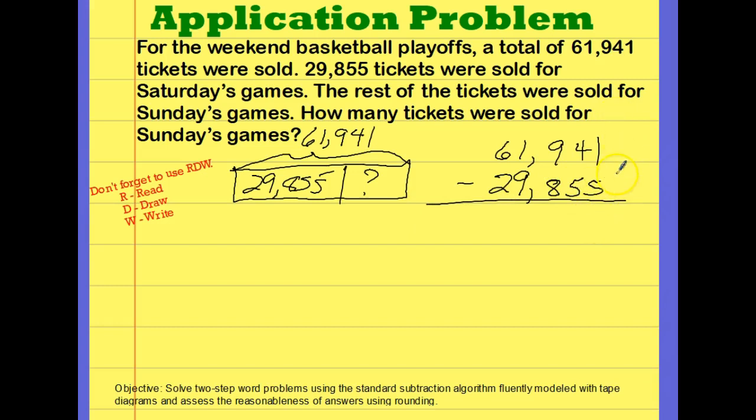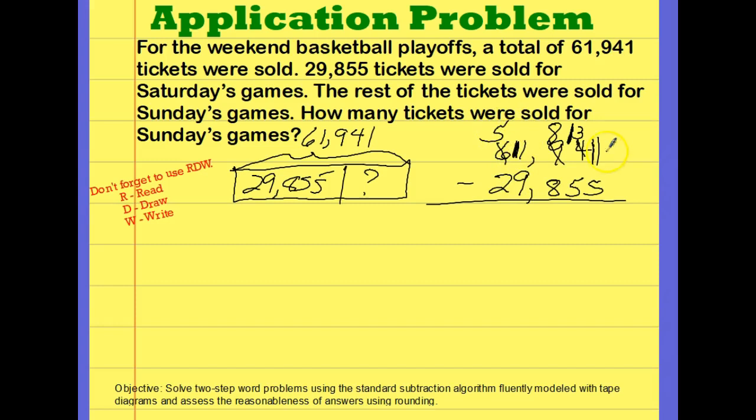Alright, we do have to borrow, because 1 can't subtract 5, so we borrow from the 4. Make this an 11. Now we can't do 3 minus 5, so we borrow from the 9. 8 minus 8 we can do. 1 minus 9 we cannot do, so we borrow from the 6.